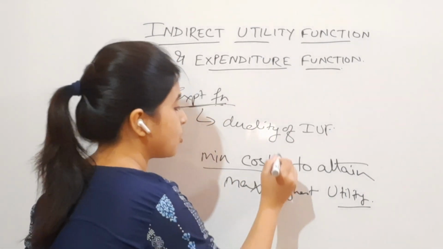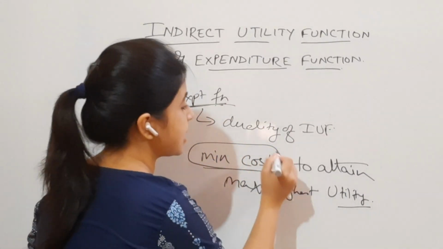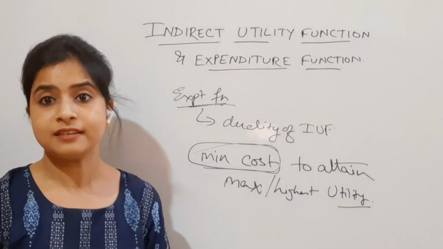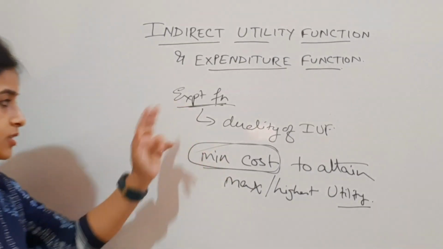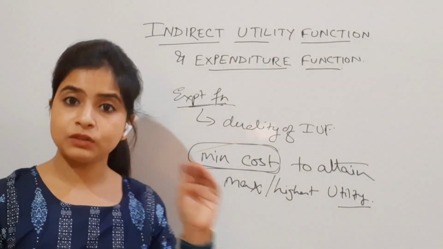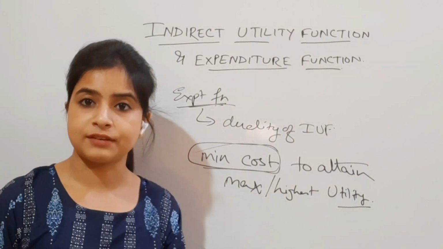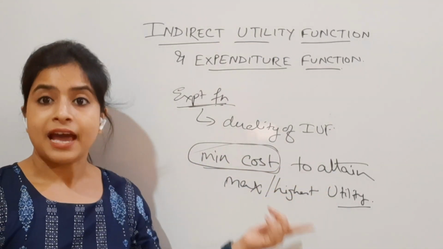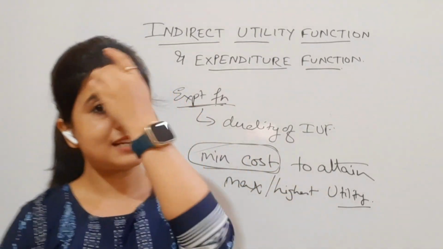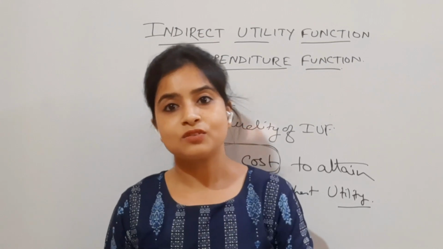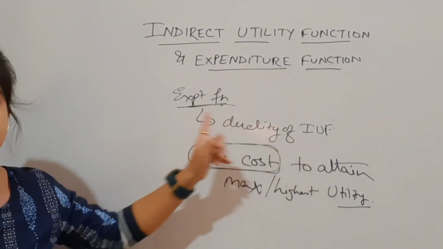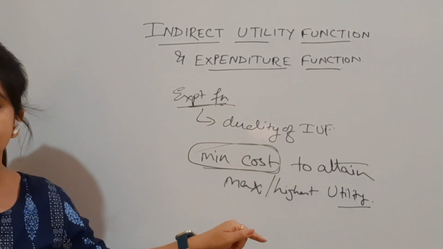The minimum cost is our main objective when we talk about the expenditure function. What is the minimum cost for the particular consumer that we are concerned about? Here also you will find that the income and the prices of the commodities are involved in the expenditure function equation as well.